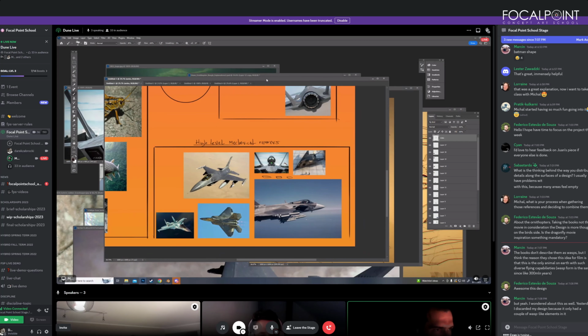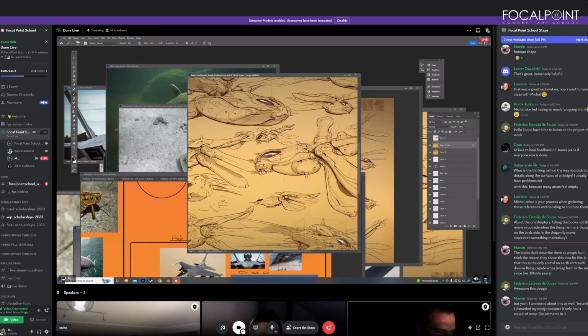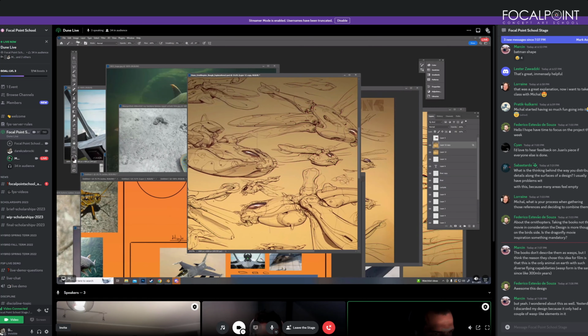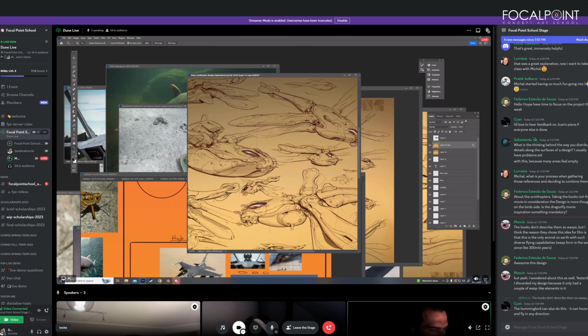So the sub-design language is strongly mechanical, so it carries a strong relatability with the real world, whereas the main shape of the aircraft feels exotic and out of this world. But again, this term for concept artists has some gray waters, because in my opinion, nothing should be out of this world, because every successful design needs to carry a strong relatability with the real world.